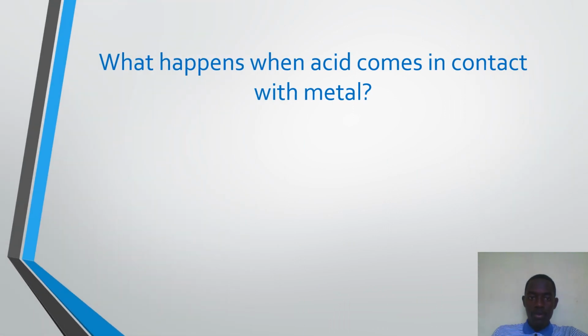Now, what happens when acids come in contact with a metal? We've seen from the video the explanation of the term acid. It says that acids are substances that, when reacted with water, produce hydrogen ions, while bases are substances that, when reacted with water, produce hydroxide ions.